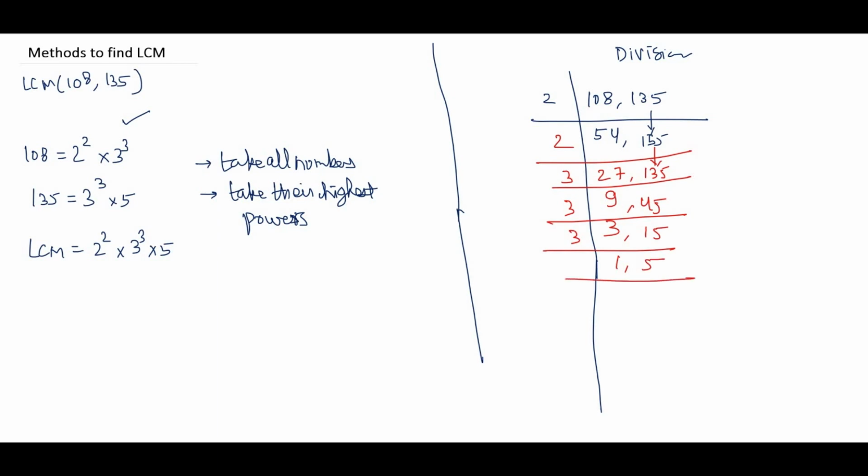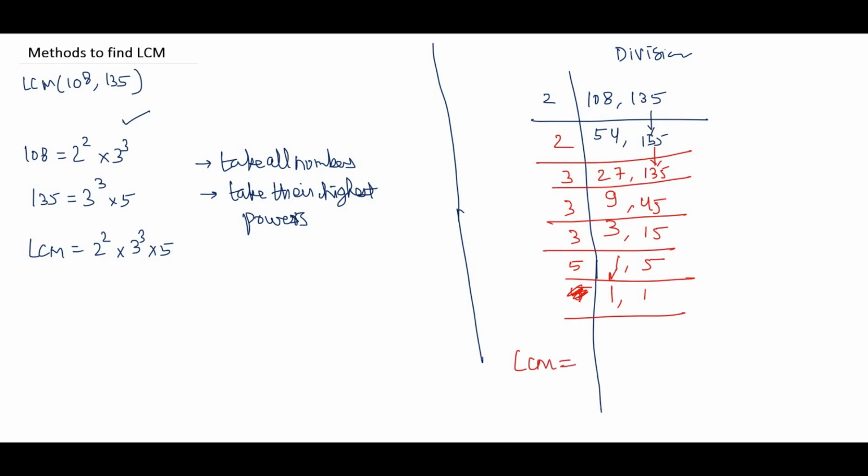Right? Now 5, 1 will come as it is. As soon as you get 1, 1 will repeat in each step. So 1 will be repeated here, and 5, 1, right? So as soon as you get all the ones over here, stop.